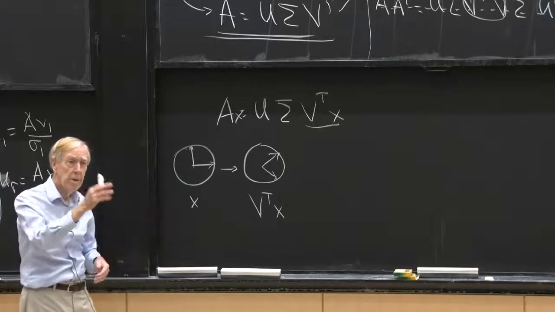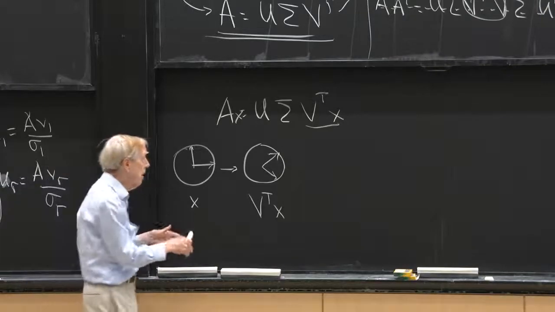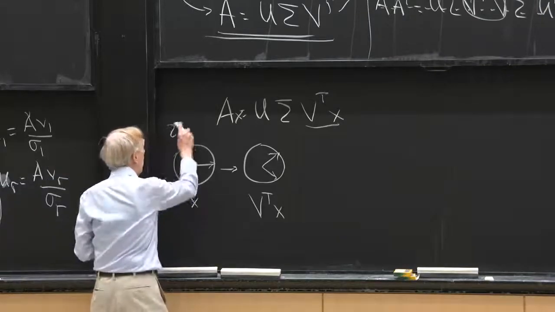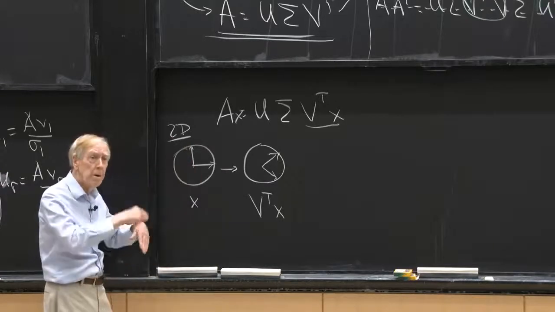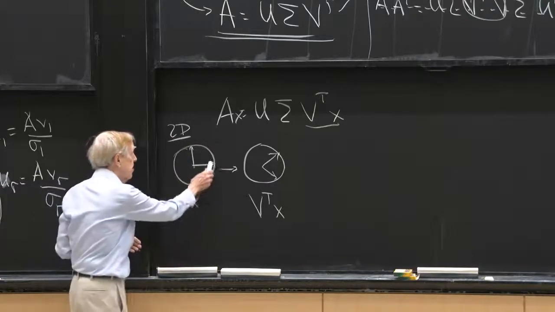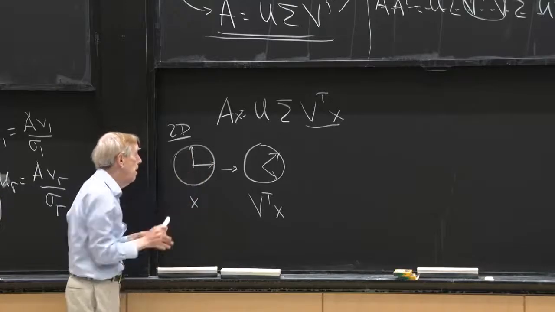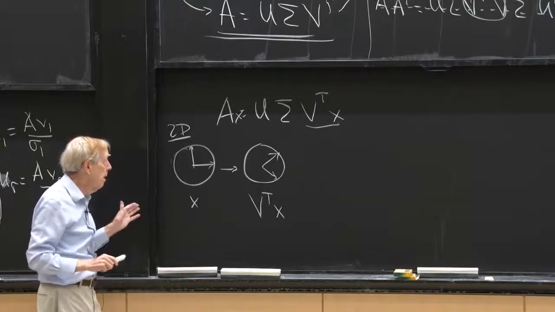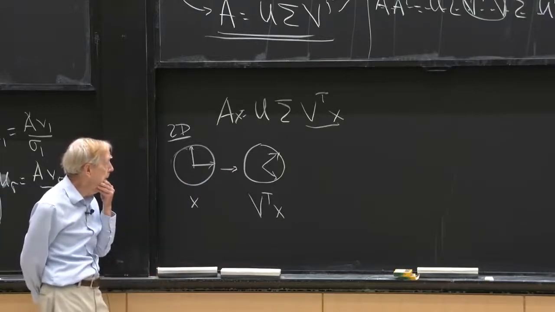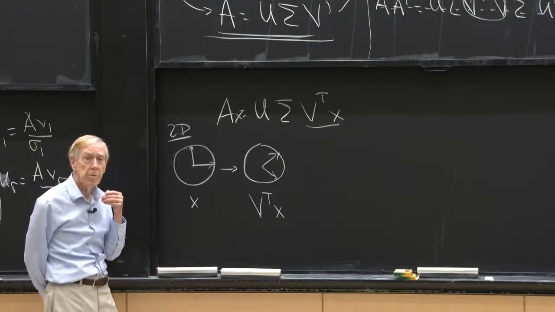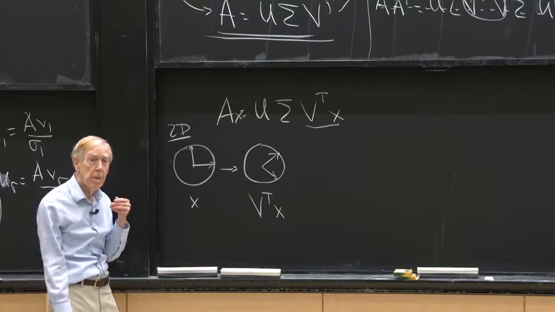So I have this unit circle. I'm in 2D. So I'm drawing a picture of the vectors. These are the unit vectors in 2D, x, y. They got turned by the orthogonal matrix. What does sigma do to that picture?